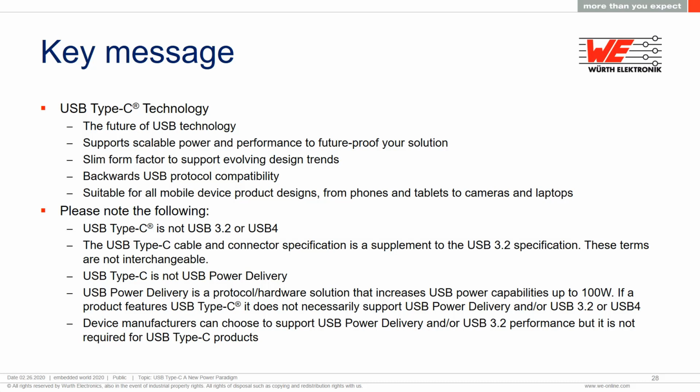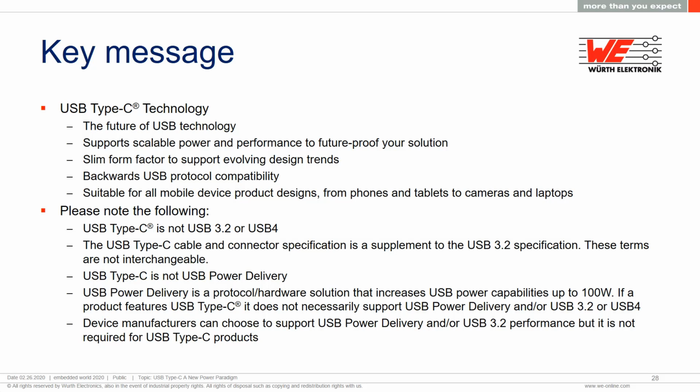It should be noted that USB Type-C is not USB 3.2 or USB 4. USB Type-C is a 373-page cable and connector specification, which is a supplement to the USB 3.2 specification with its own 548 pages. These two terms are not interchangeable. Also, USB Type-C is not USB power delivery.